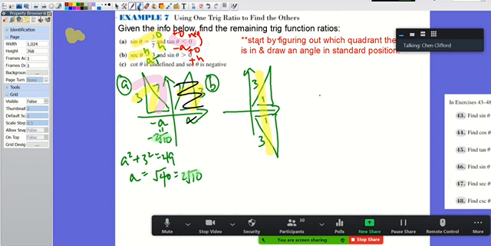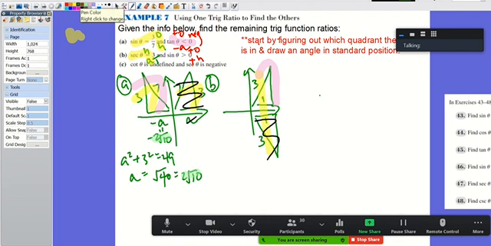And the scenario that fits a positive opposite is the pink highlight. So this one goes away, because this would be a negative opposite over a positive hypotenuse, which would produce a negative number, which contradicts this greater than 0. We're looking for a positive number.